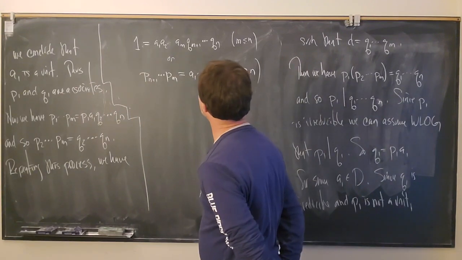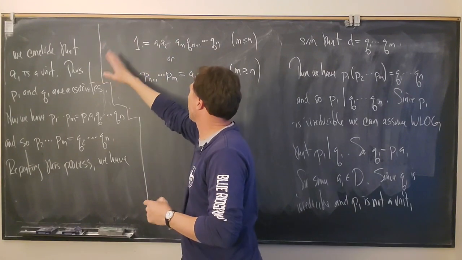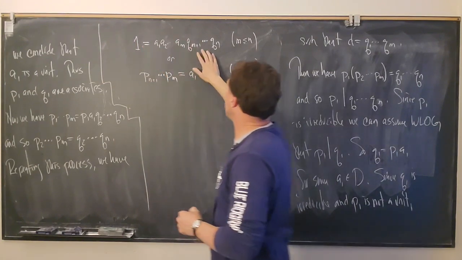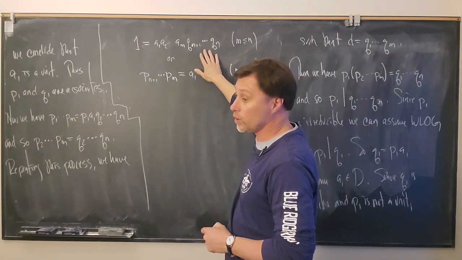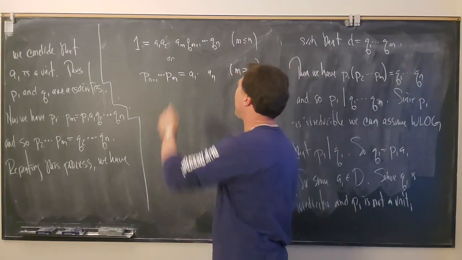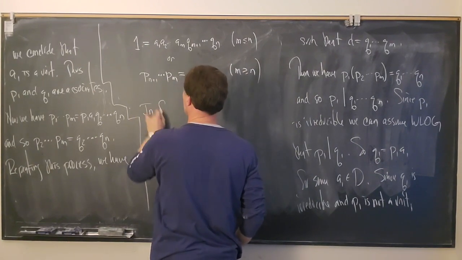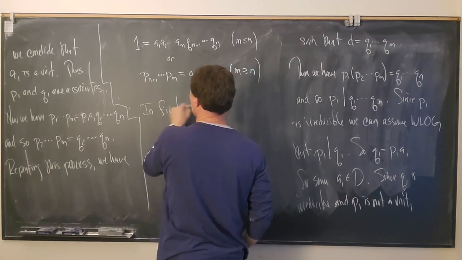So in the first case, what would this tell us? Well, multiply all those A's over, and then we have a unit over here equal to a product of non-units over here, right? The only way that can happen is if really M was equal to N. So in the first case, well, actually, this is true in both cases.